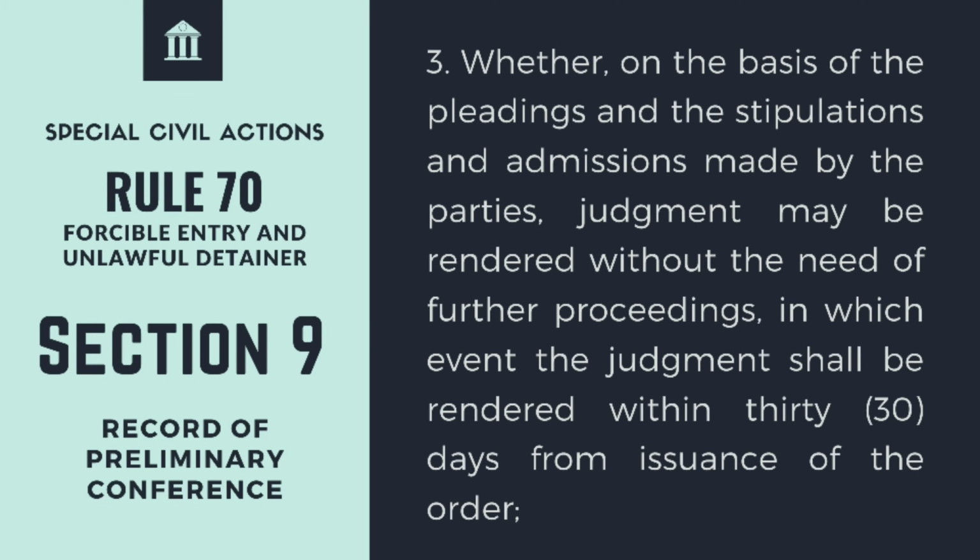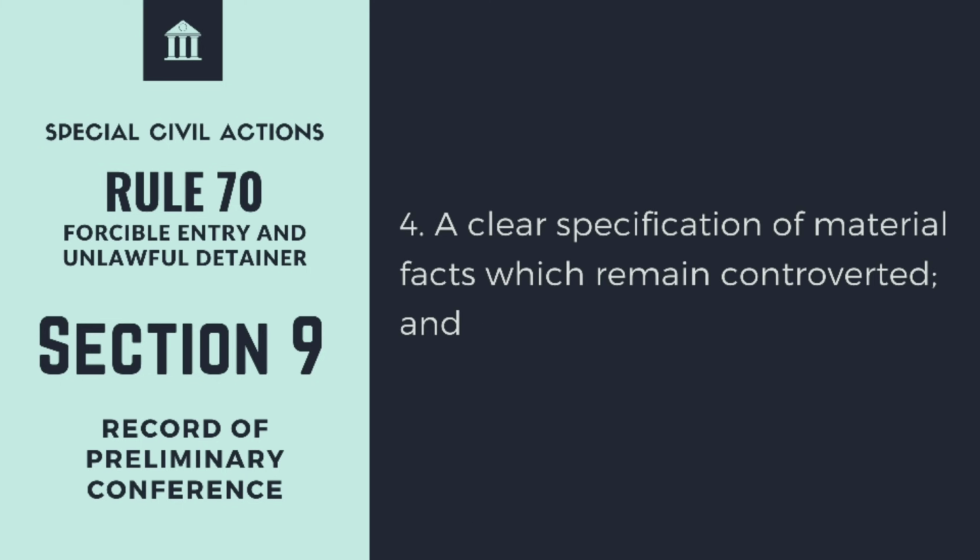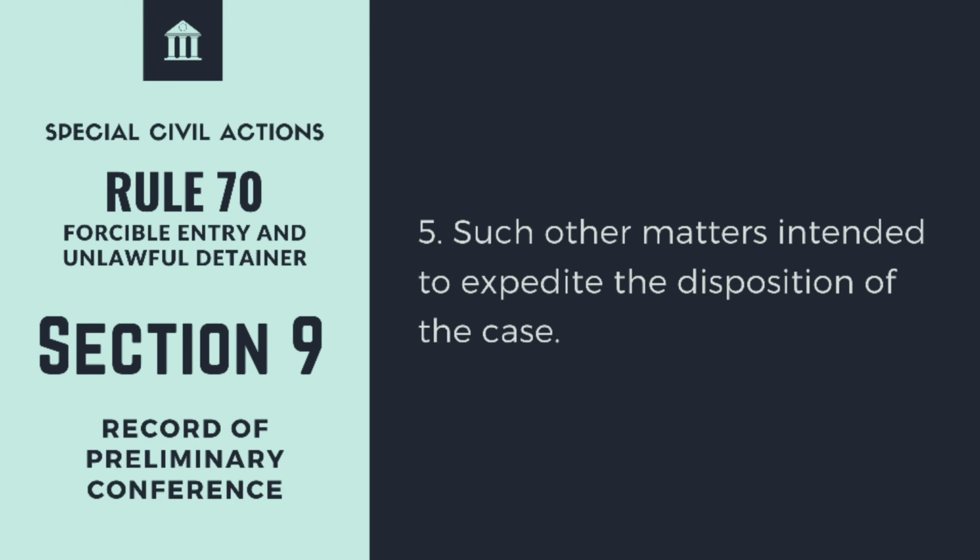Whether, on the basis of the pleadings and the stipulations and admissions made by the parties, judgment may be rendered without the need of further proceedings, in which event the judgment shall be rendered within 30 days from issuance of the order. 4. A clear specification of material facts which remain controverted. And 5. Such other matters intended to expedite the disposition of the case.